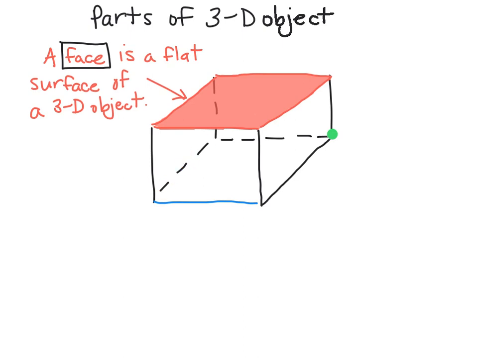So these things back here would be kind of off to the side and on the back. And if you can kind of picture this being an actual box, like a shoebox or something, then this top part would be considered a face, but so would the front, so would the side, so would that back edge back there, the other side, and the bottom. All of those would be called faces because by definition here it says a face is a flat surface of a 3D object.